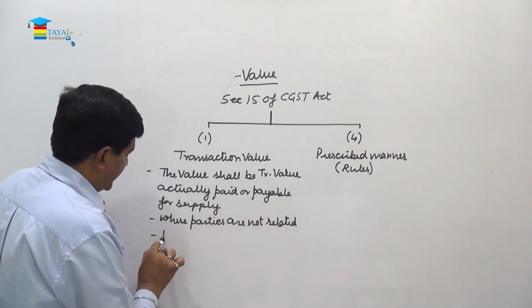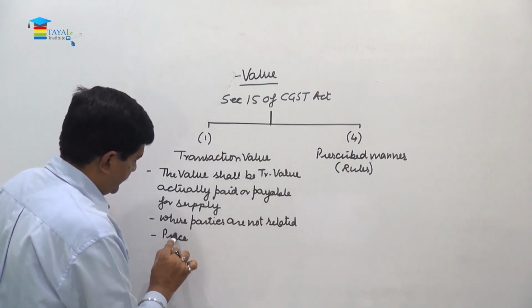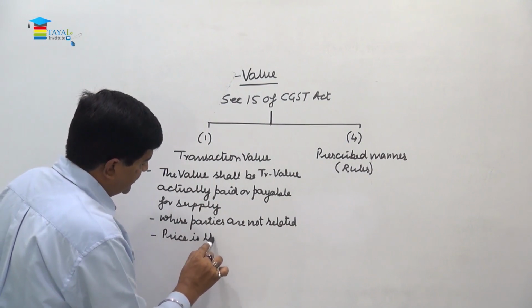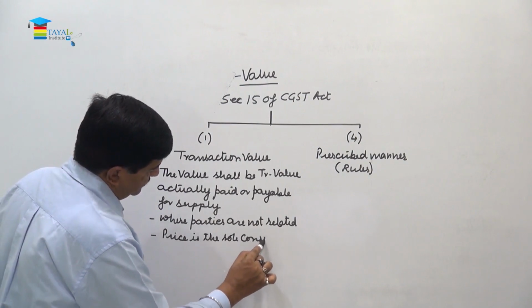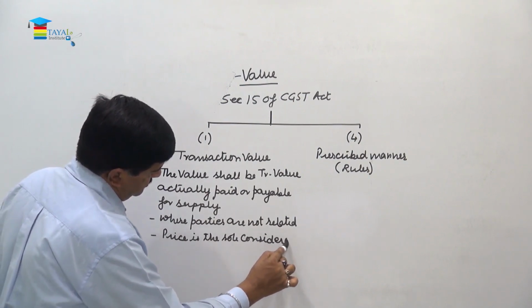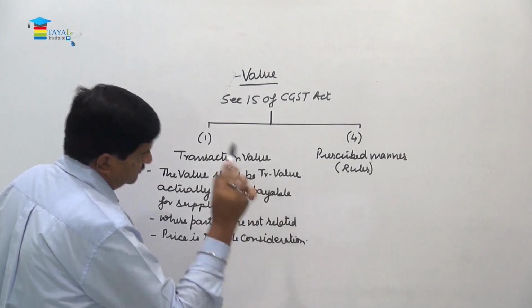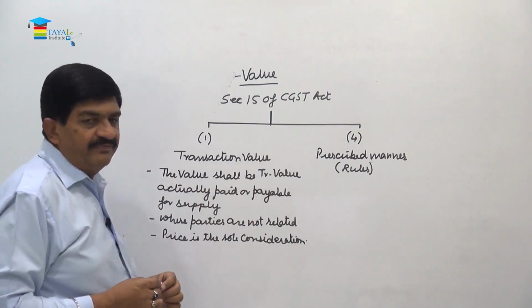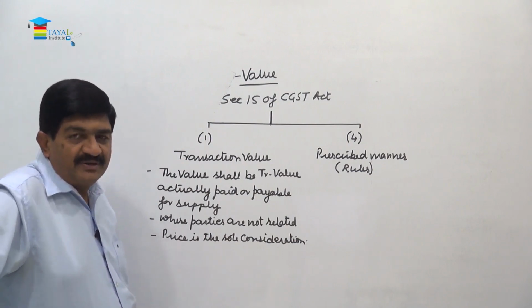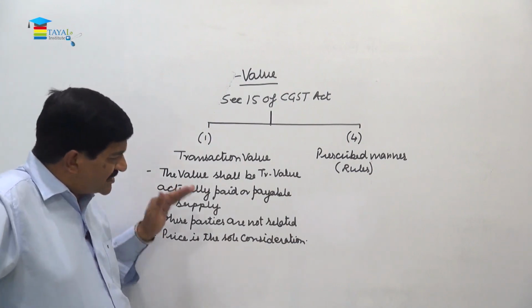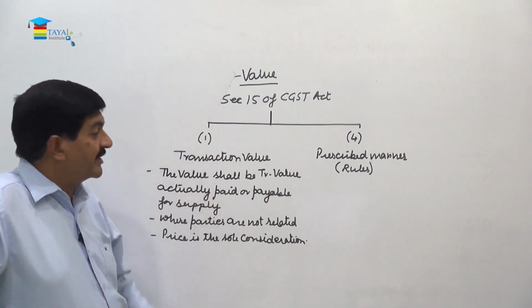And the next condition is price is the sole consideration. There is no reference regarding the time and place of delivery. So if you remember provisions of central excise, then something similar is there, but still there is a big difference.